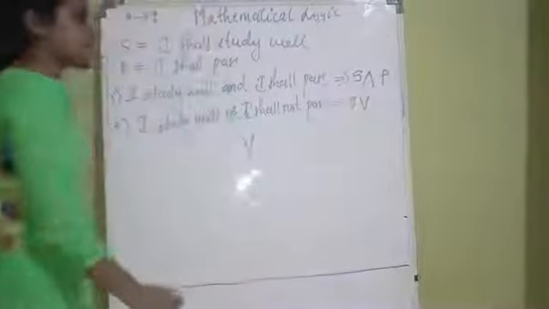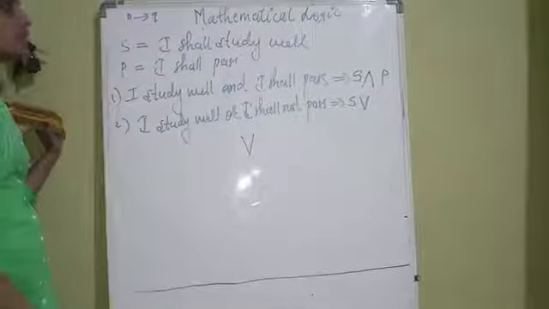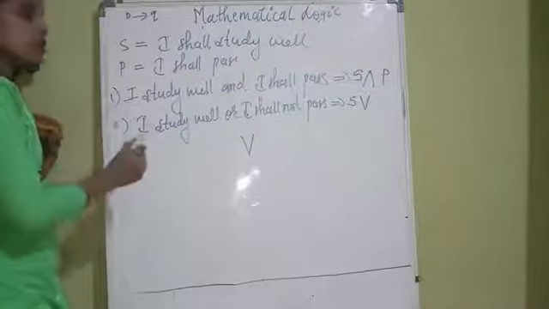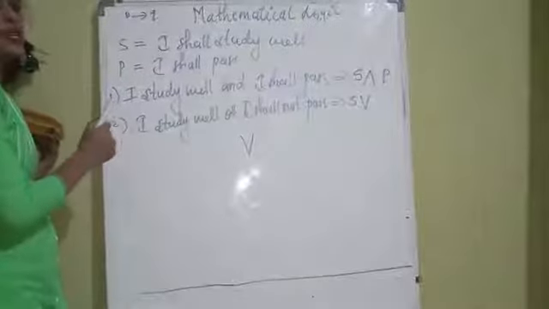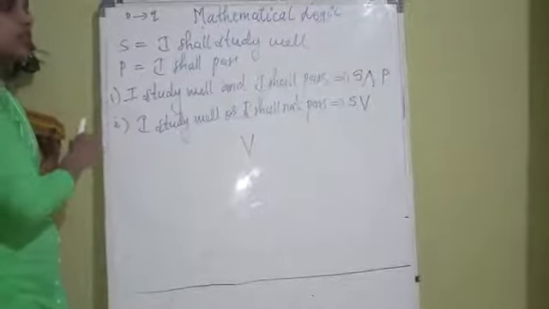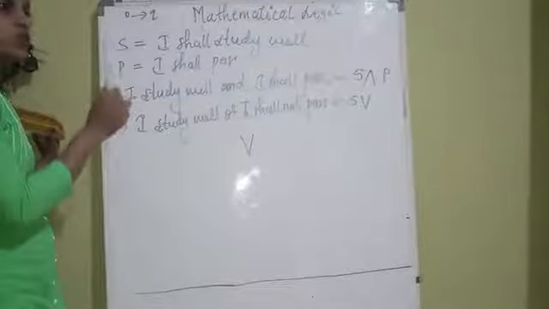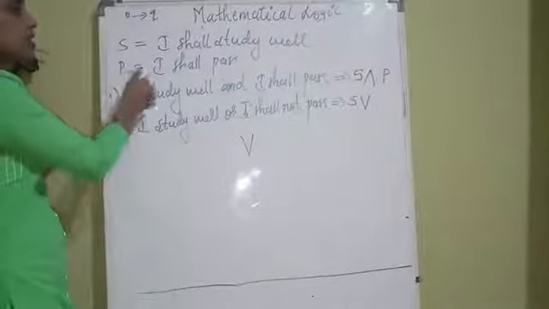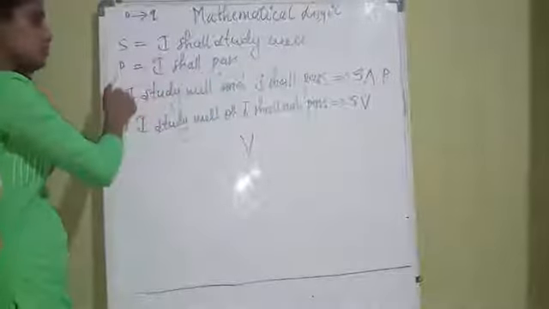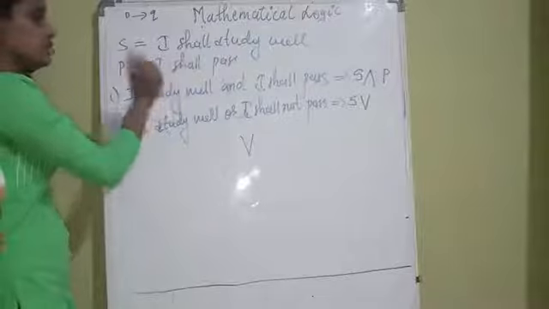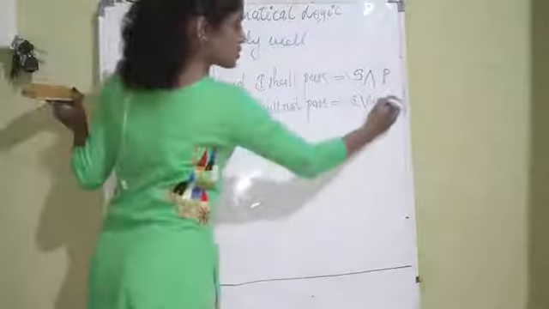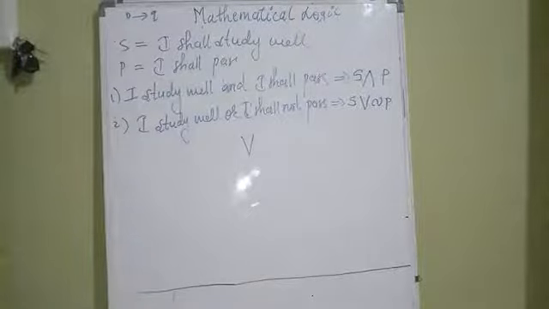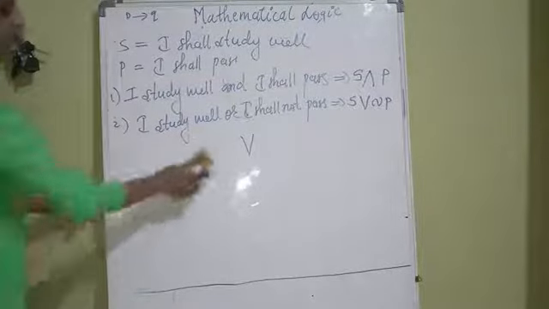I shall not pass. I shall pass means P, and I shall not pass means negation. Not means negation. So negation of P is I shall not pass. So S disjunction negation of P.